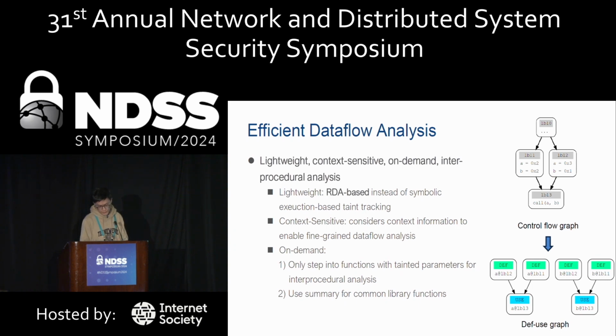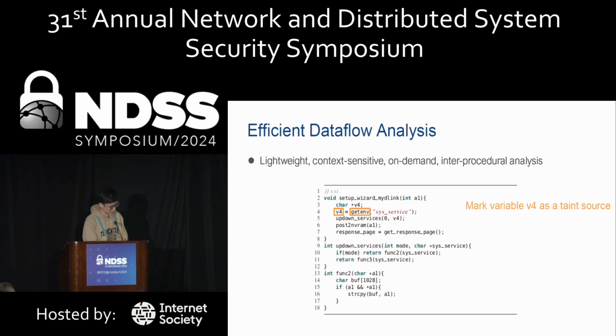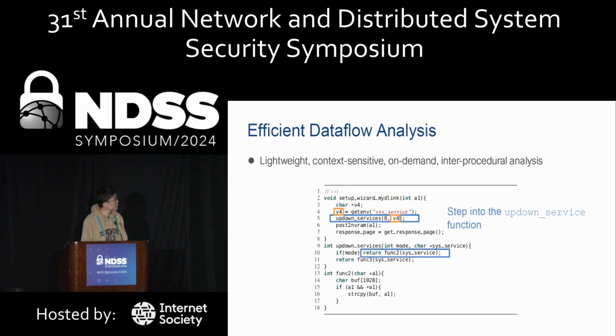And we take the following example to illustrate our analysis. In this example, getEnv is identified as a source input function. So variable v4 is identified as a source point. The variable is propagated to the blue box functions, up-down services, and func2.